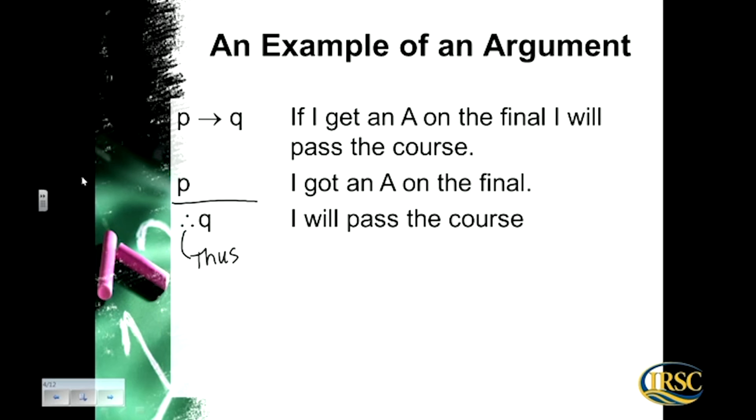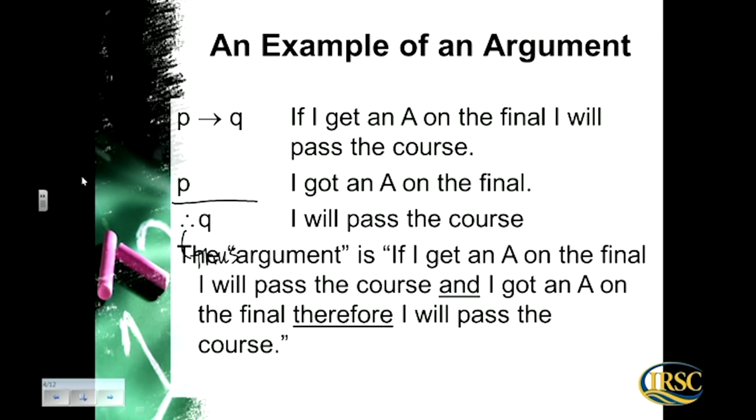We're going to prove whether this is a valid argument or not. But the first thing I have to do to prove it is translate the symbols into one big compound statement. So here's what I really have.